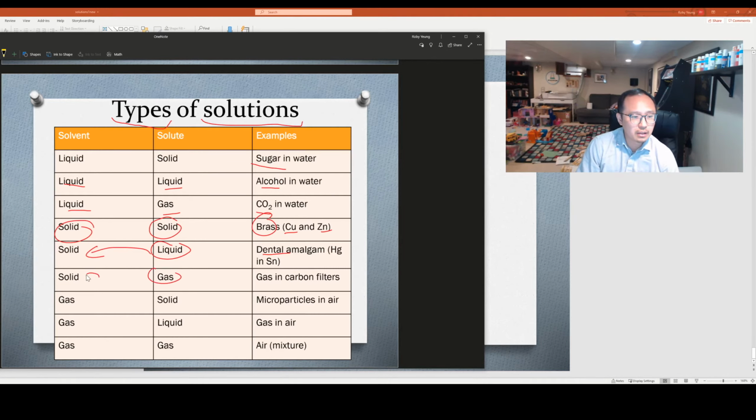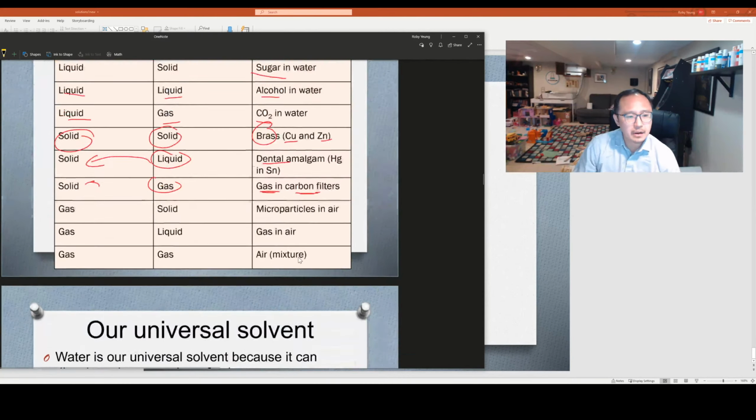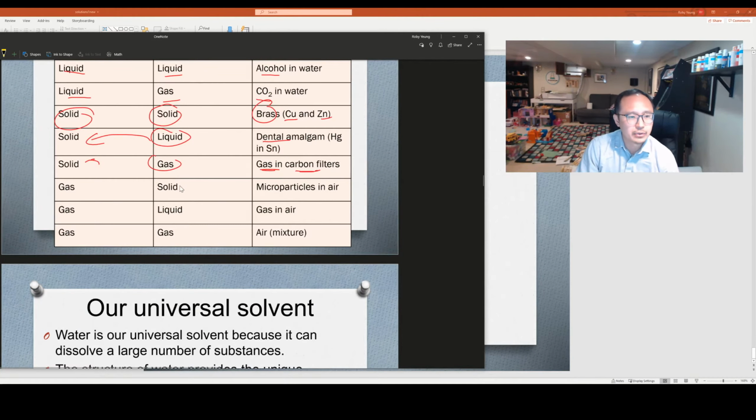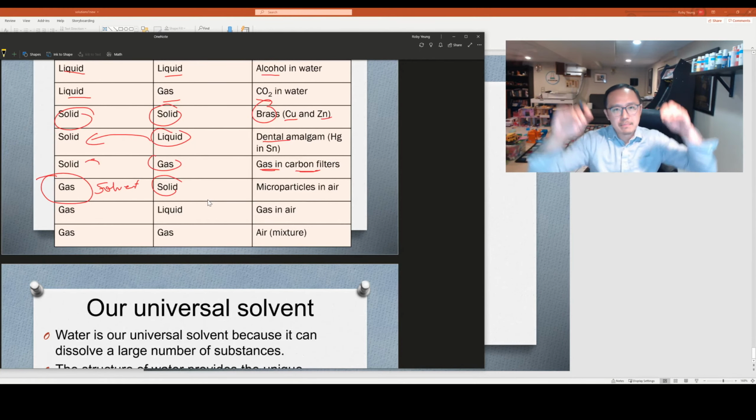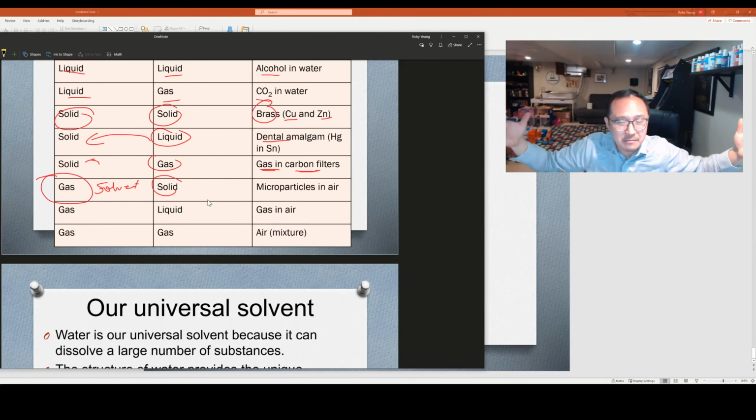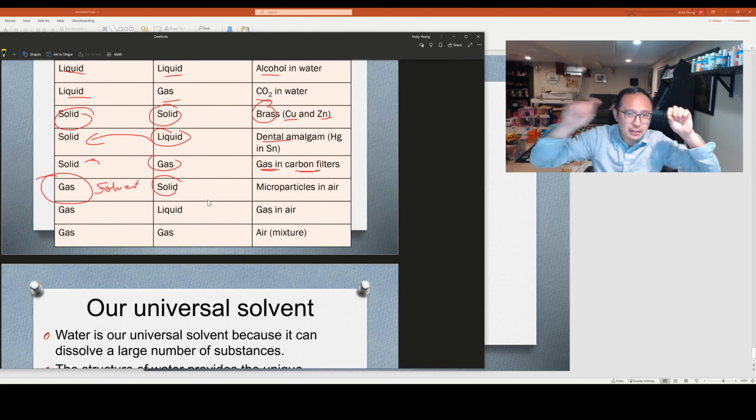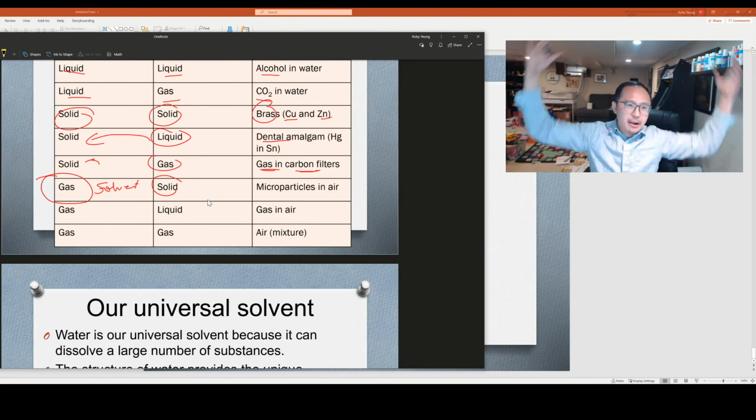Gas in solids. This is like gas in carbon filters. So if you have filters, there are some gas particles that are trapped. Also, you can have solid in a gas, where again, gas is the dominant one. This is your solvent. So just like dissolving microparticles in the air, just like coronavirus in the air, right? Those viruses in the air, that's your solute.